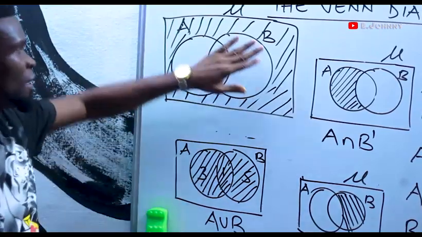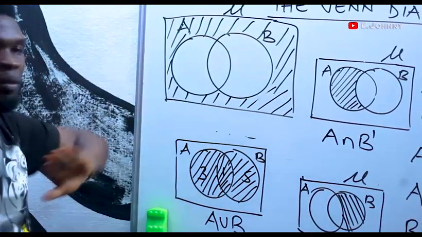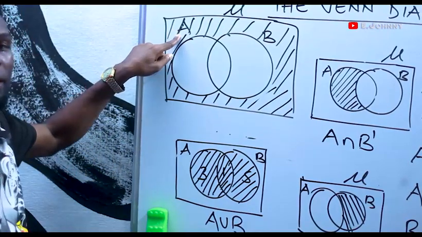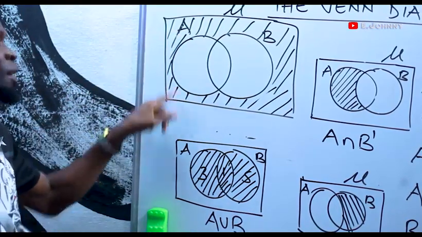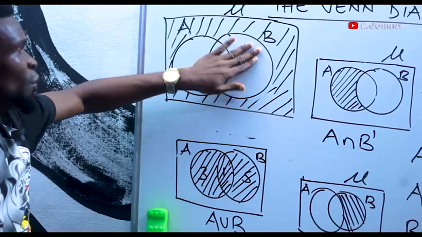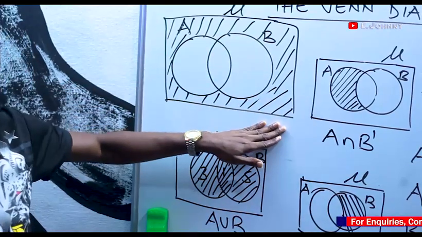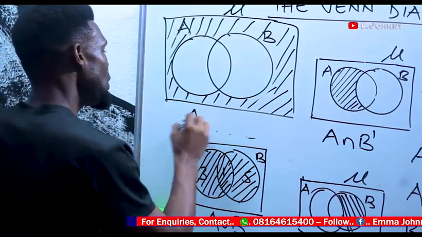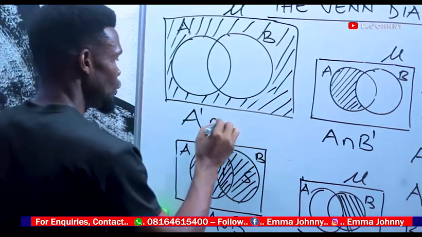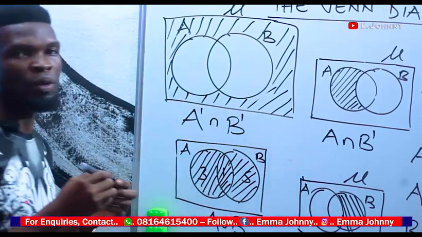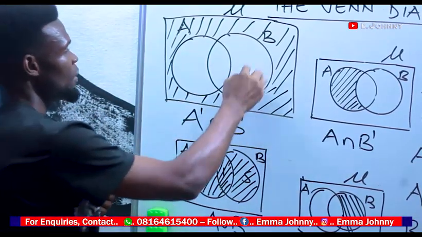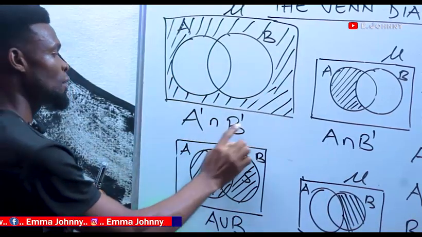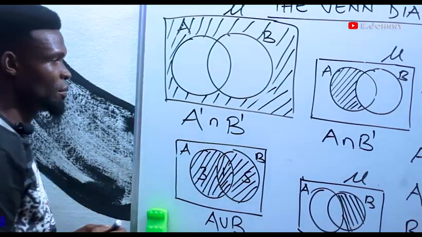No. Is there any element in set B? No. So those elements that are not in set A, where are they? They are in the A complement. Those elements that are not in set B, where are they? They are in B complement. So the relationship between these two sets now is A complement intersection B complement. So that means that outside now, which is the shaded region we're interested in, is A complement intersection B complement.